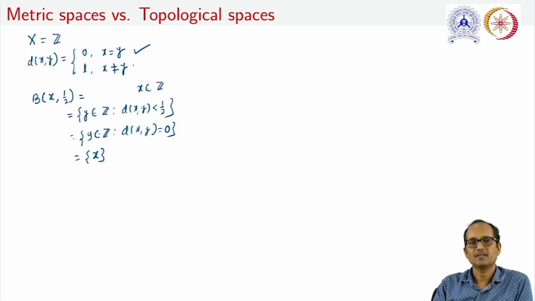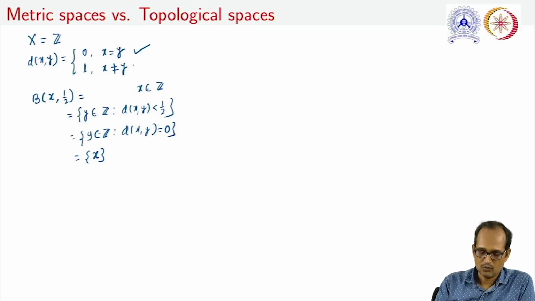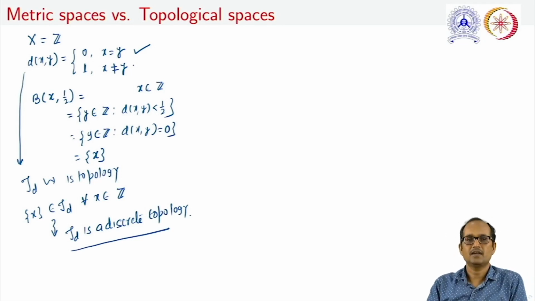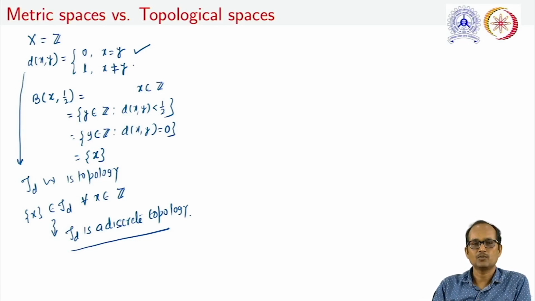Also, we have seen that open balls are always members of the topology. So corresponding to this metric, if tau d is the topology, then this singleton set {x} will always be a member of tau d for all x belonging to Z. We can conclude one thing from here, that tau d is a discrete topology, and this is possible because if singleton sets are members of a topology, their union will also be a member of the topology.